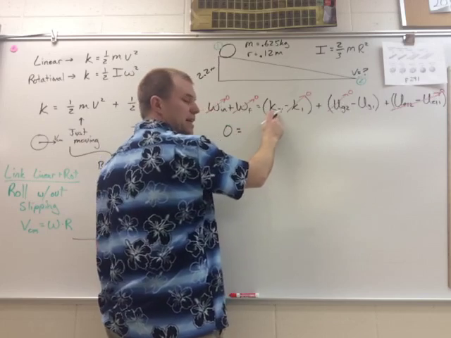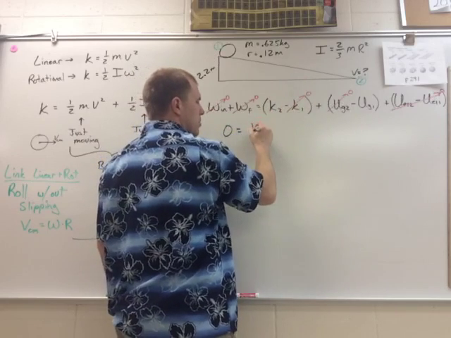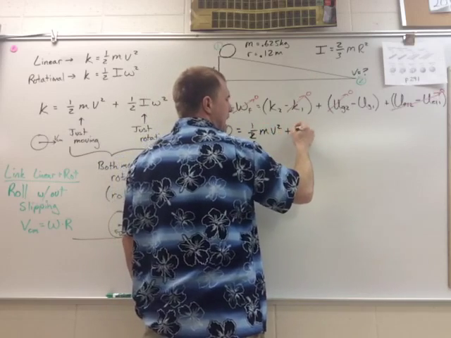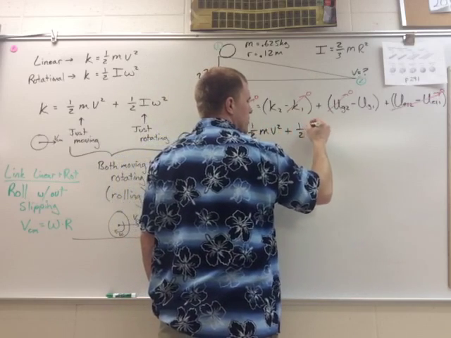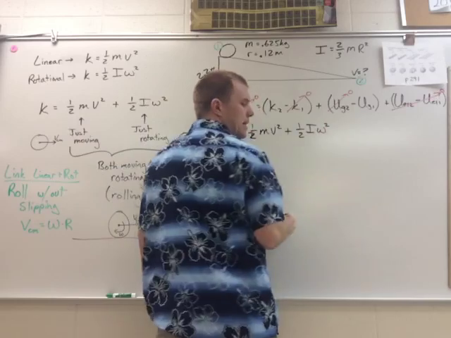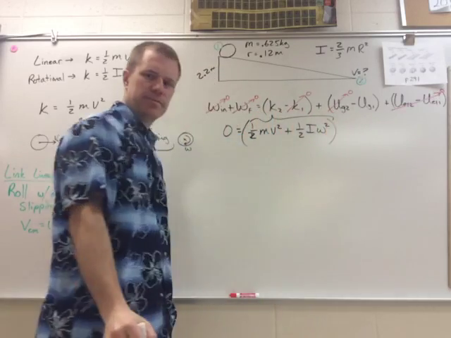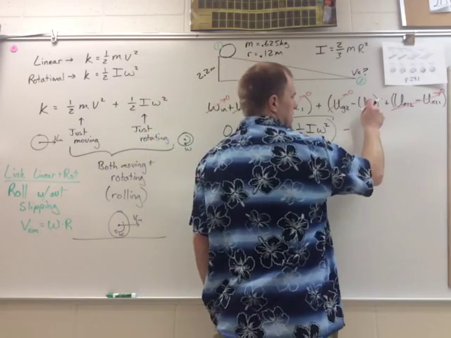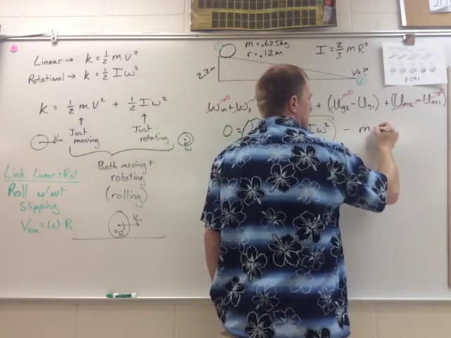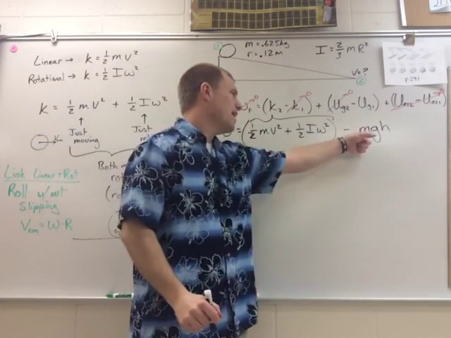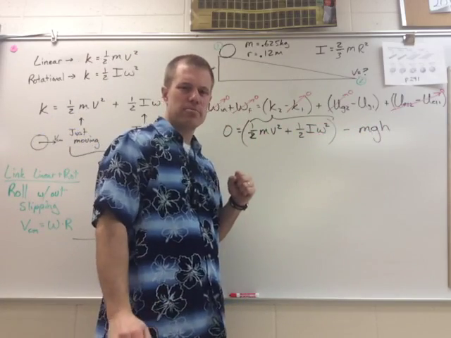So I have kinetic energy at the bottom, and because the ball is both moving, 1/2 mv squared, and rotating, I'm going to have both of those kinetic energies involved. This is all of K2. Okay. Minus UG1, which is mgh. Now, if you look, we don't have a mass in all our terms.